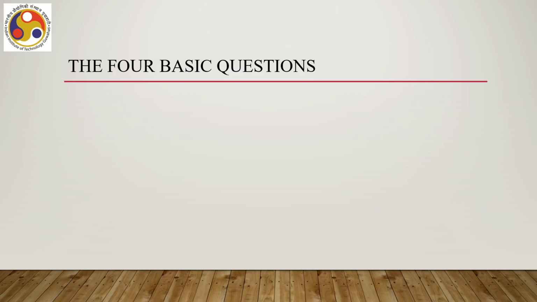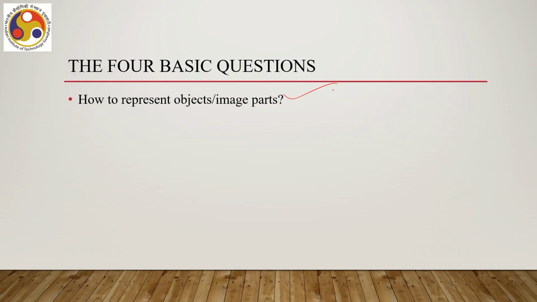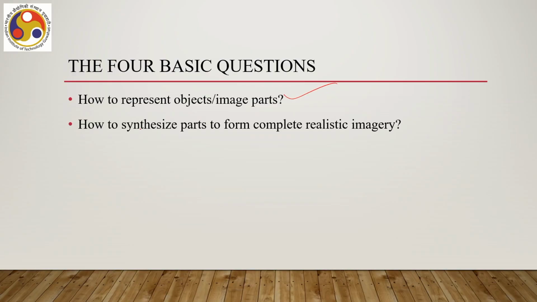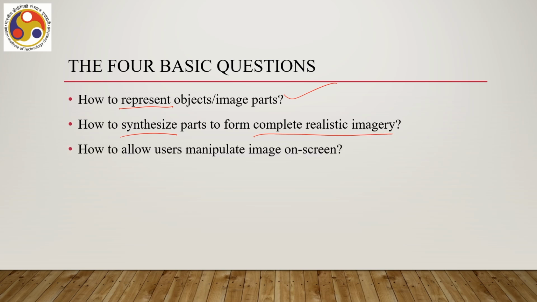Now, this fundamental question gives rise to four basic questions. One is representation: how to represent objects or parts of an image. Second is synthesis: how to synthesize parts to form complete realistic imagery. Then, how to allow users to manipulate images on screen, and finally, how to create the perception of motion.